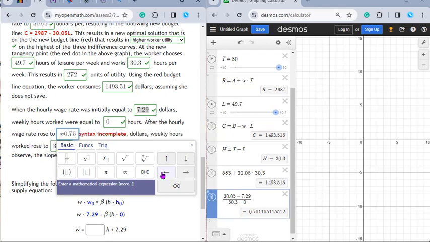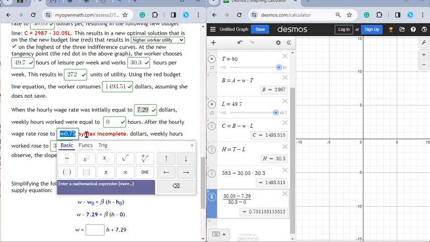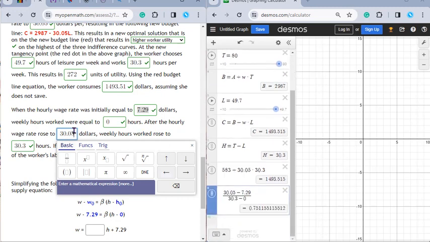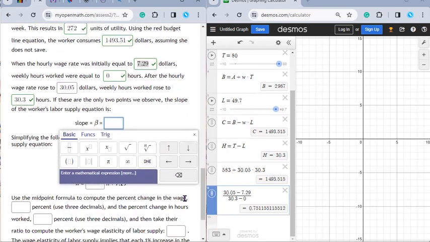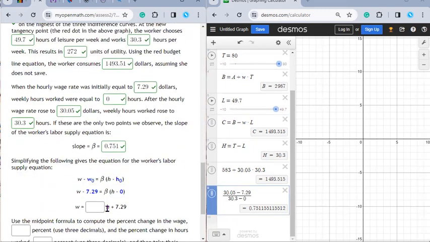Whoops. The new wage is $30.05. I typed it in the wrong box. So my slope is 0.751, the slope of my labor supply equation.